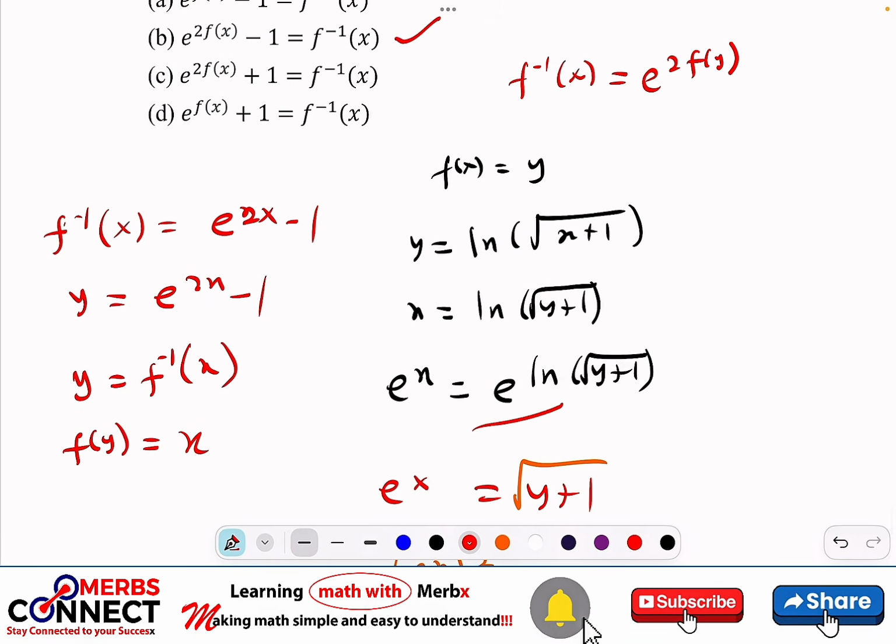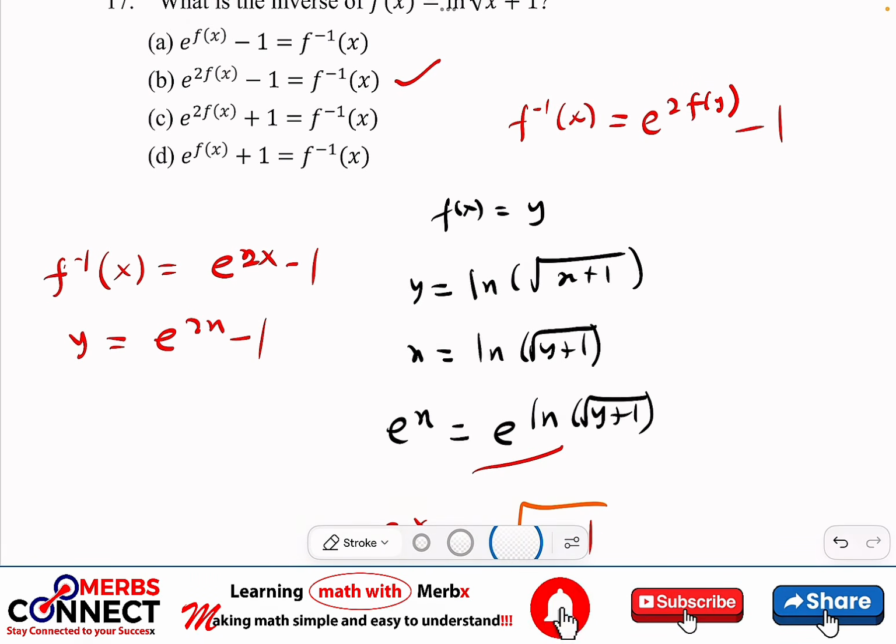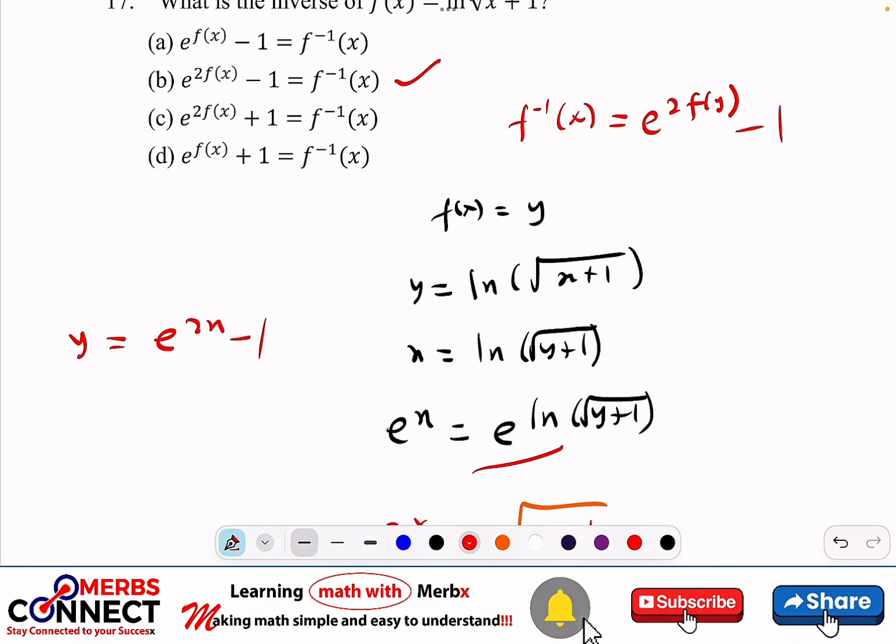This is supposed to be f of x. This is what I'm messing up with my head. Okay, let me do something here and see what is going to happen. So let me interchange x and y here to get to the same point again.